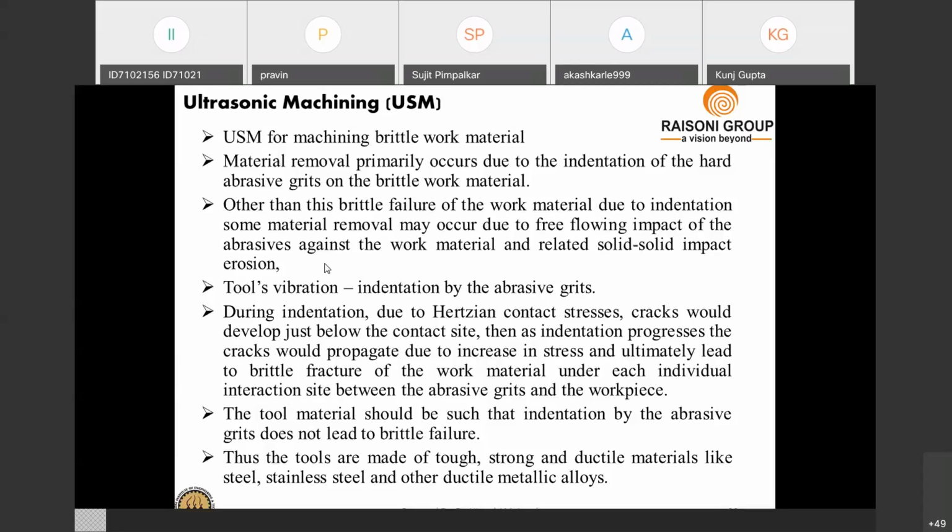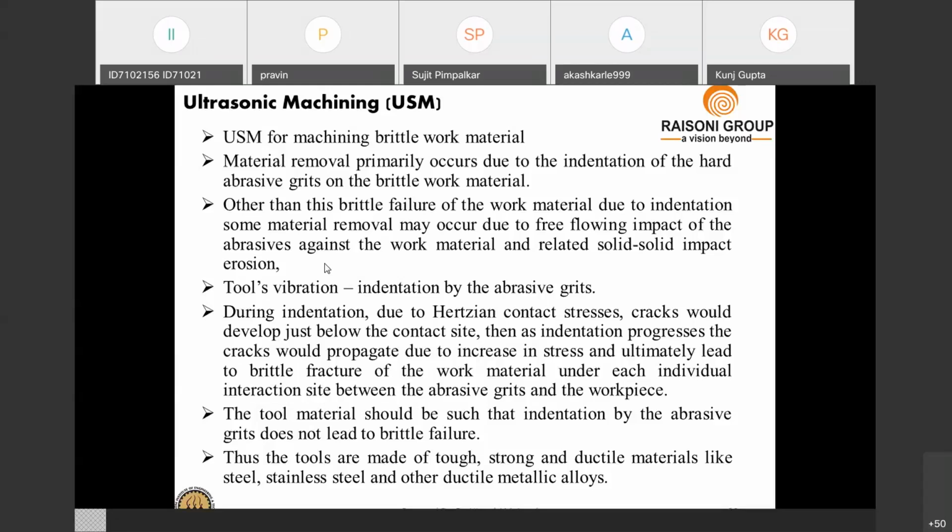Okay. Then how do we give the indentation? Using a transducer and a tool, we give the indentation, and that indentation will impact on the workpiece with the help of abrasive grains.